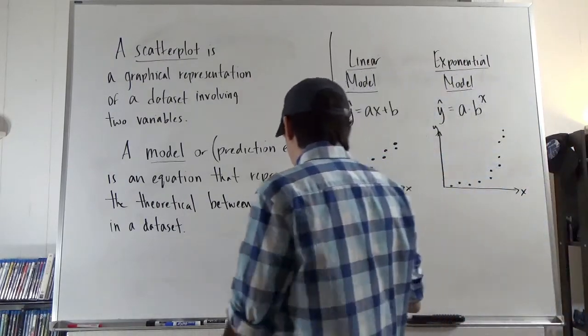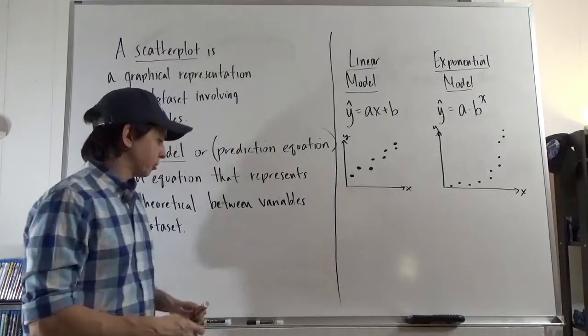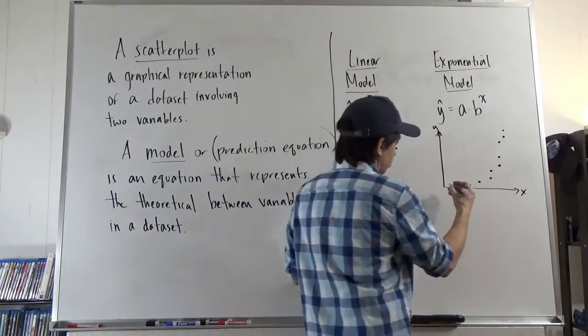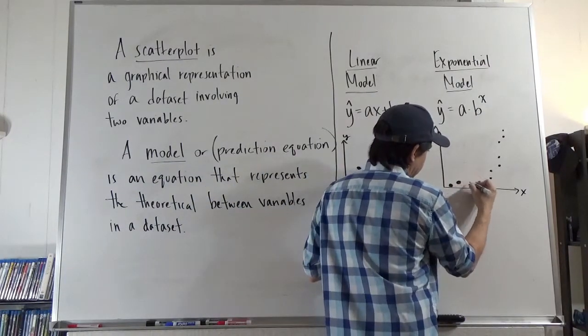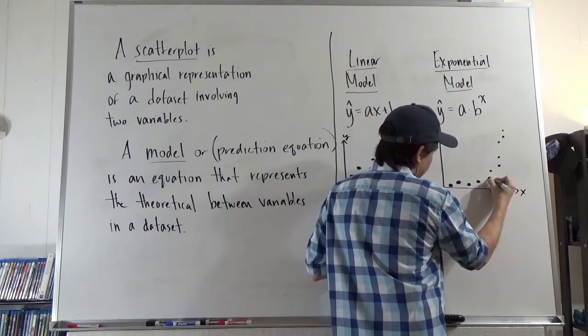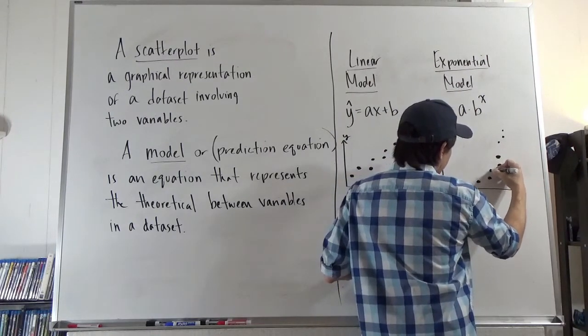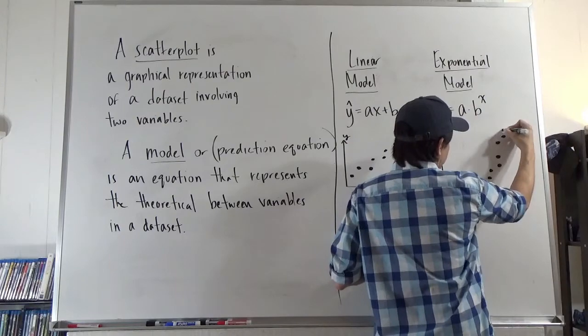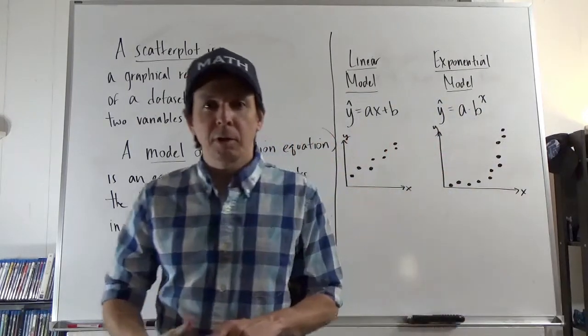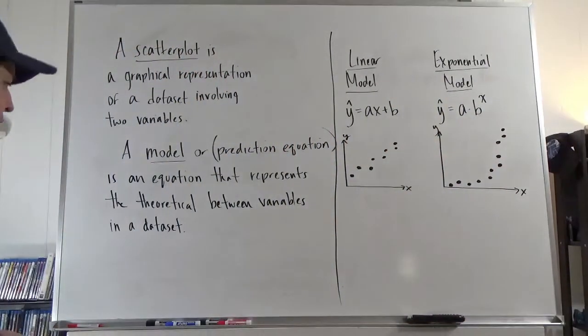Okay, and I'm going to draw a linear model and an exponential model on top of those points. I feel like I didn't draw these big enough. You don't have to draw them as big as I am. I think I just need to do it for people that are watching this on their phone or something. You can see it.